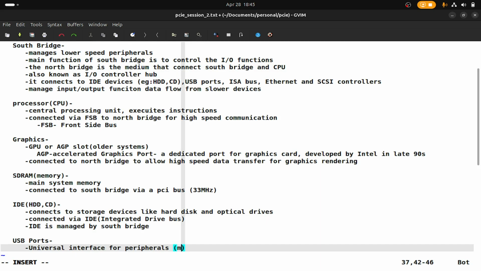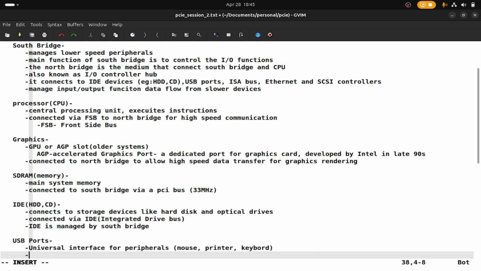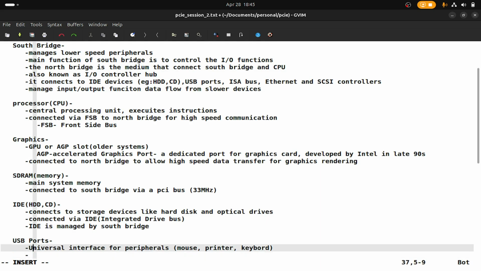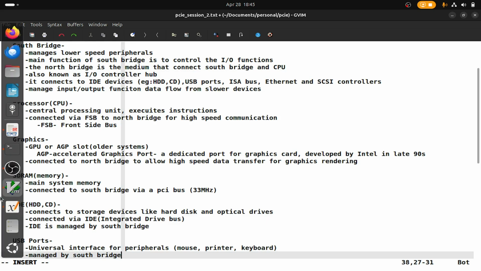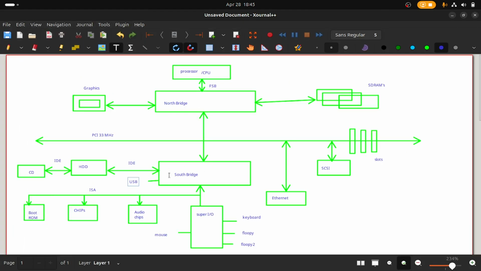That might be mouse, printer, keyboard, and something else you want to connect, right? Next point is managed by Southbridge. Coming to the diagram, here you can see Southbridge. So again, USB port is connected.